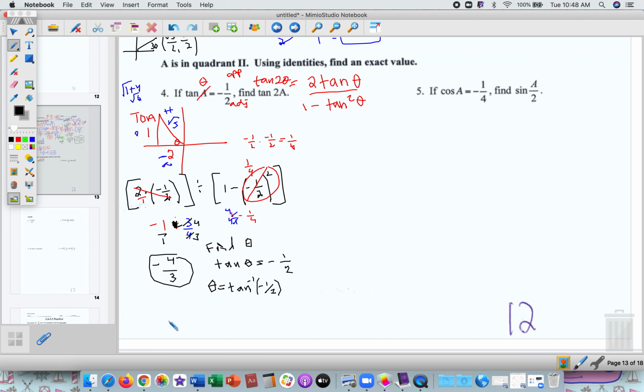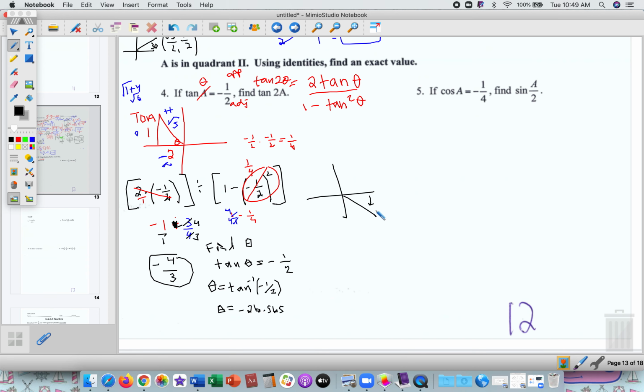Now when you put this in your calculator, it tells you that the value is negative 26.565.